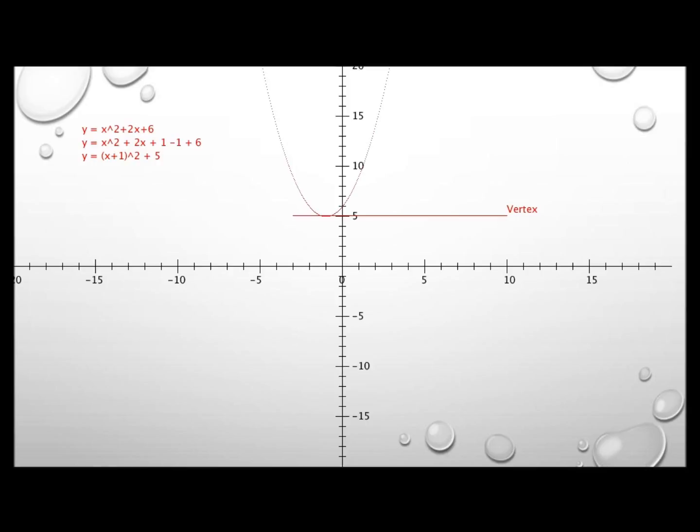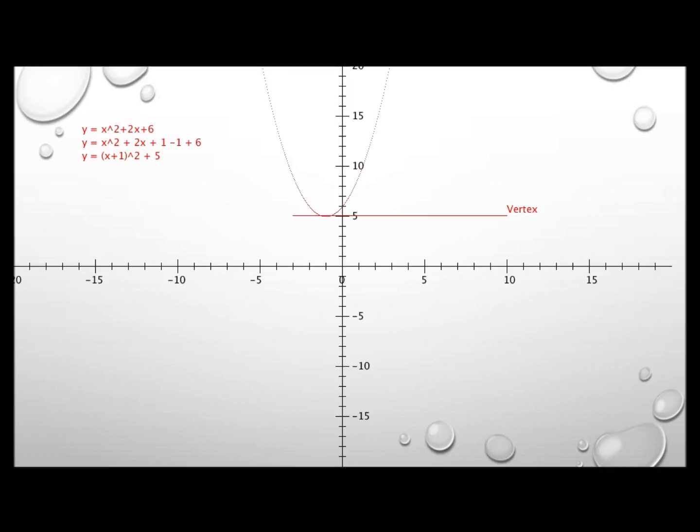So in the case of x squared plus 2x plus 6, if we start to complete the square, we can put it in the form of x plus 1 squared plus 5. X plus 1 squared will be 0 when x is negative 1, and the x-coordinate of the minimum point is x equals negative 1.